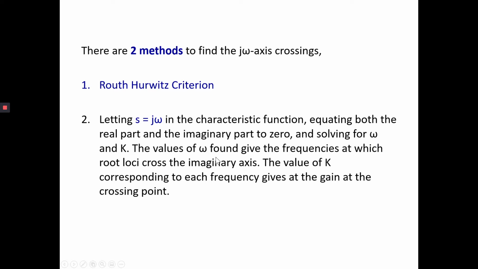The values of omega found give the frequencies at which the root loci cross the imaginary axis. The value of k corresponding to each frequency gives the gain at the crossing point. So for finding the j omega axis crossing, I suggest the Routh-Hurwitz criterion.